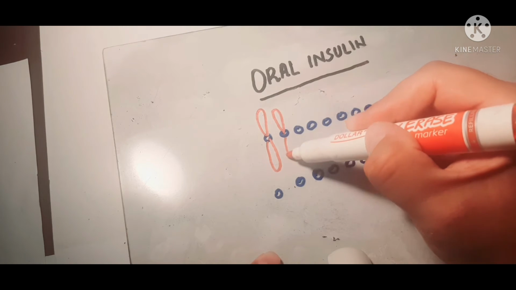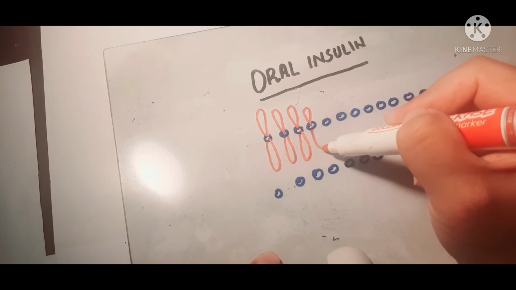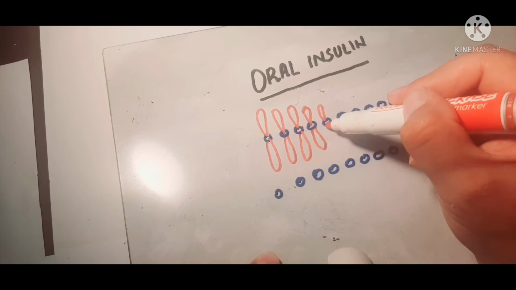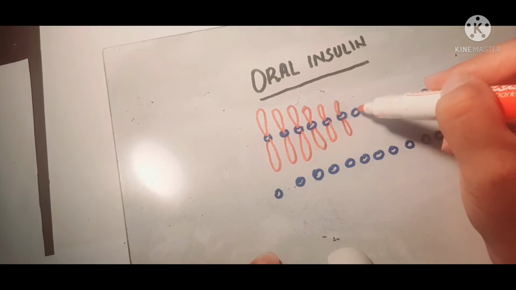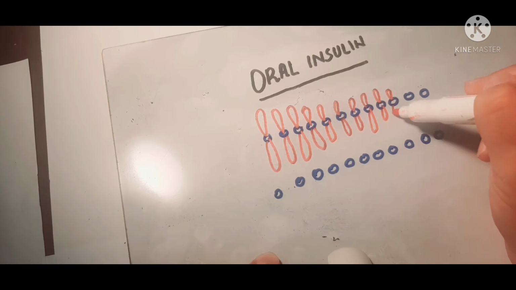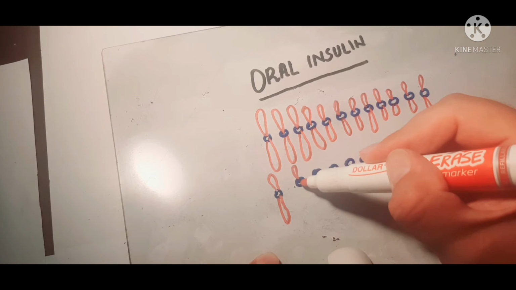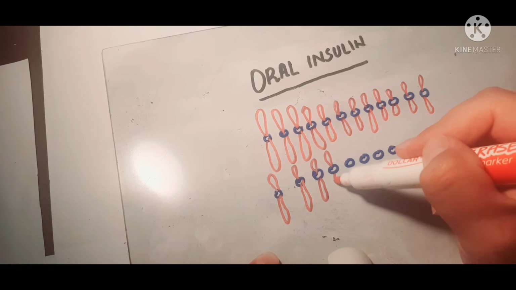These are the chromosomes, with the short arms and long arms.